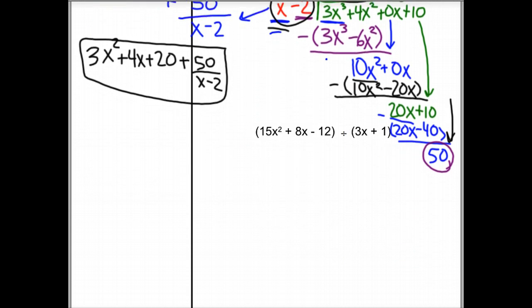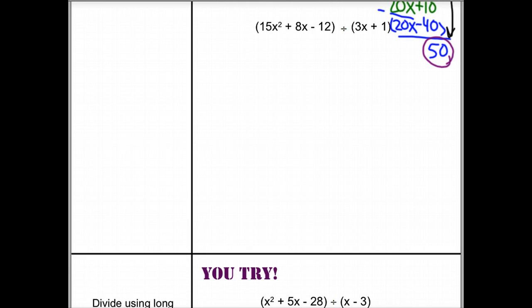All right, we have one more problem like that. Seems simple enough. Again, we write this number in order, and it is in order, and we are not missing any terms, so we can just put that under the division sign: 15x squared plus 8x minus 12.